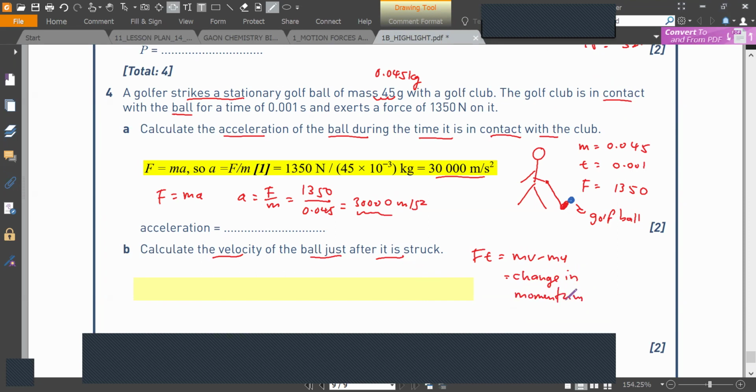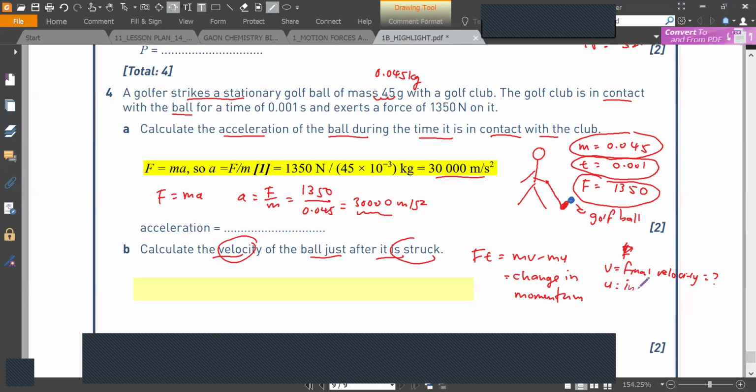F we have, t we have, m we have, and v is the final velocity, which is what we want to find, the velocity of the ball just after it is struck. u is the initial velocity.